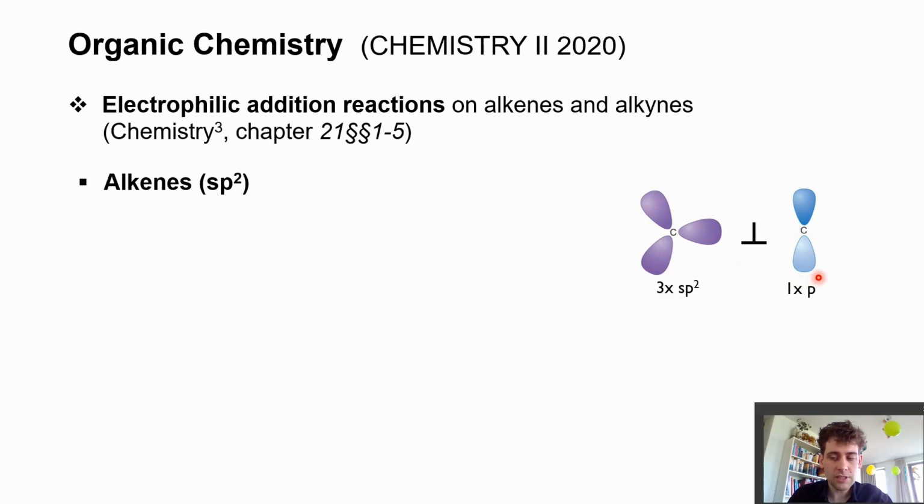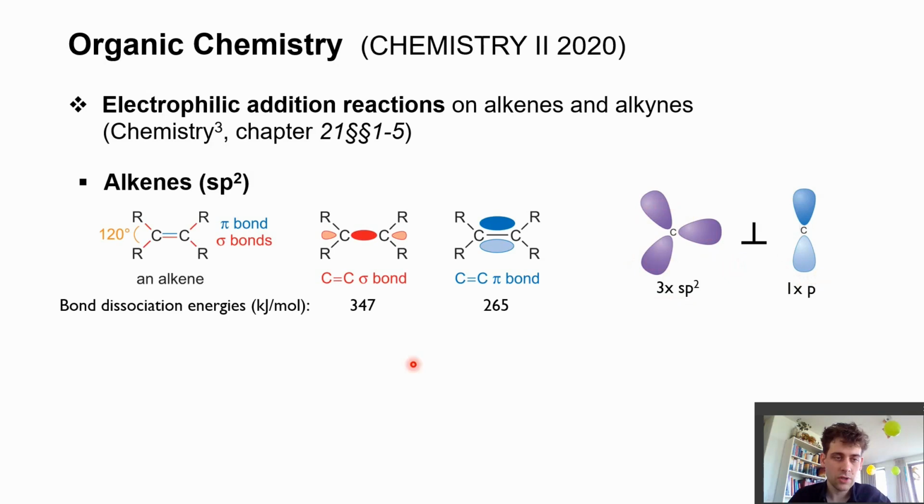And these orbitals can now form bonds. And we can see this here. So we see here our two carbon atoms. And first, the two of the sp2 orbitals that are pointing towards each other, so along the axis of the two carbon atoms, they form a sigma bond.